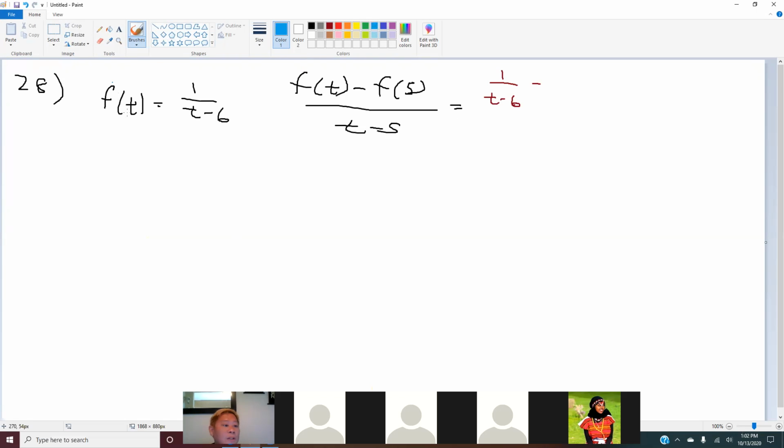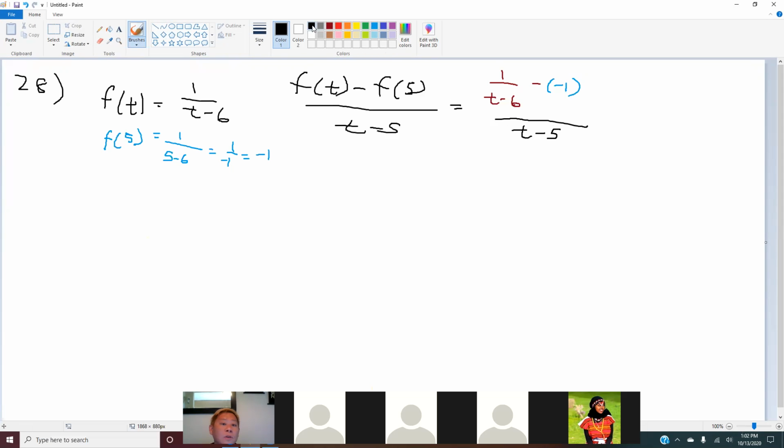For f(5), we just need to substitute t to become 5. So in this case, it will be 1 over 5 minus 6, which is 1 over negative 1, which is negative 1. So this is negative 1, and then this is all over t minus 5.